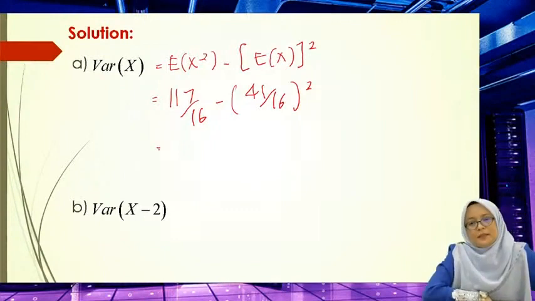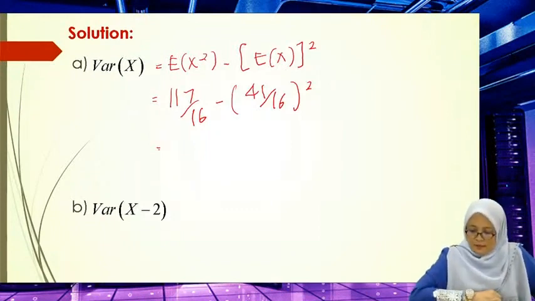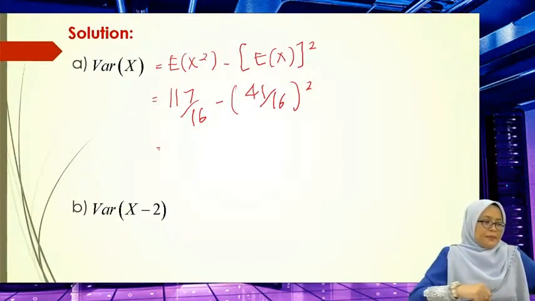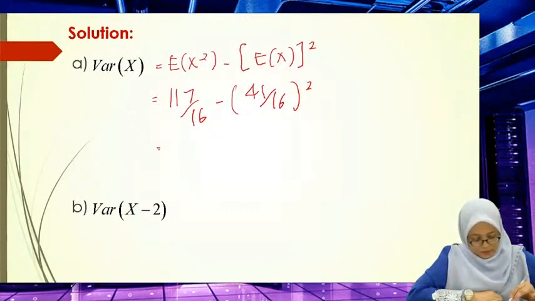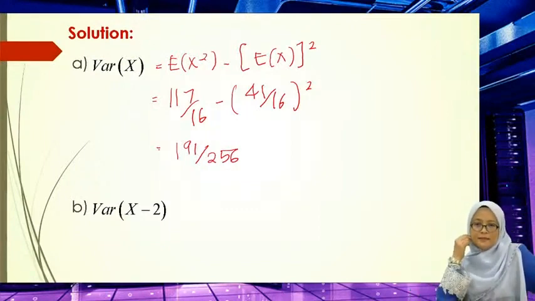So dalam decimal boleh, dalam fraction pun boleh. 191 over 256. So Safwan boleh check balik you punya calculation. So ini 191 over 256. Okay, betul. Okay, so semua dapat betul lah.